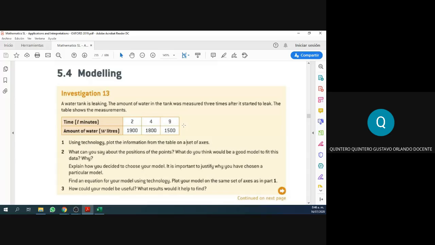We have linear functions, quadratic functions, cubic functions, exponential functions, radical functions, rational functions, sinusoidal functions, so trigonometric functions. There are a lot of functions. And watching the behavior of your dots, so the data, is going to tell you what is the best function that we can choose.